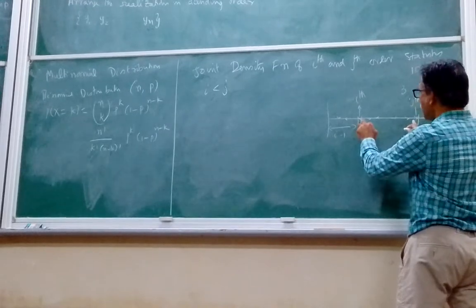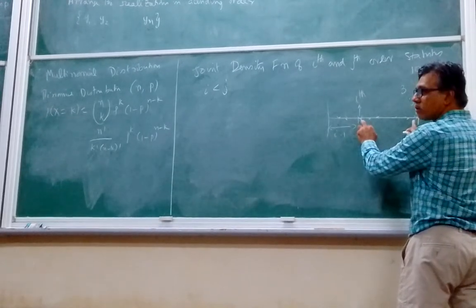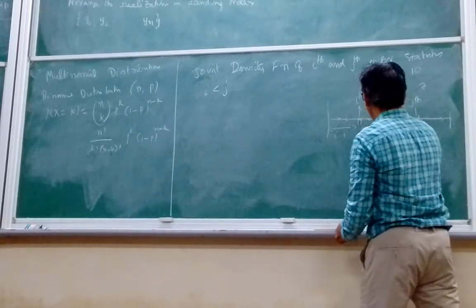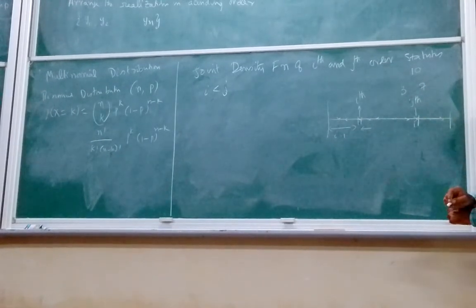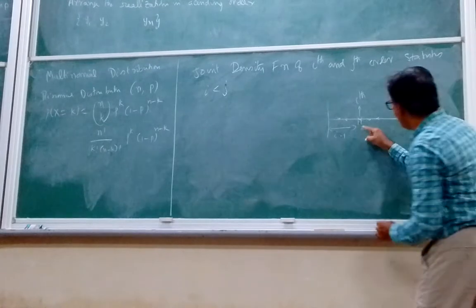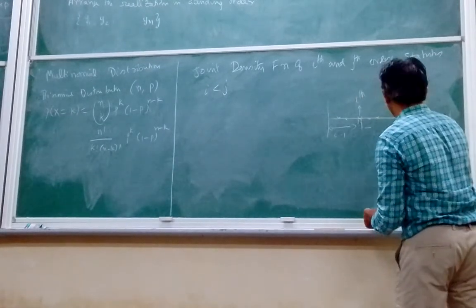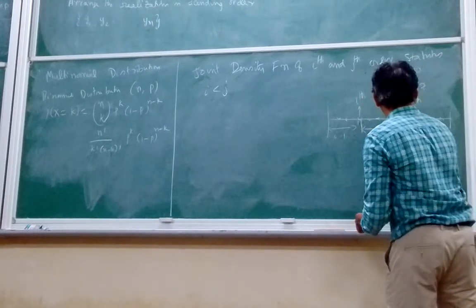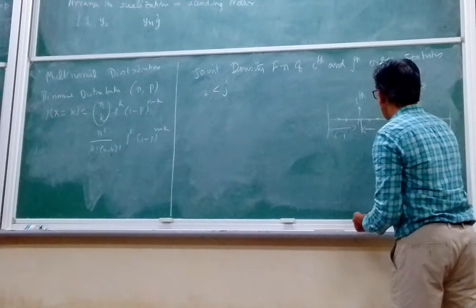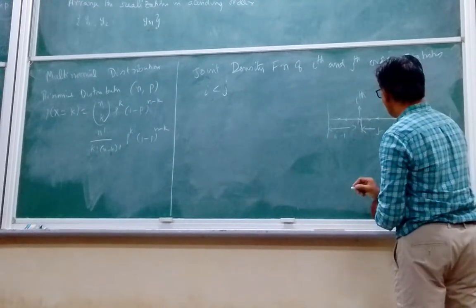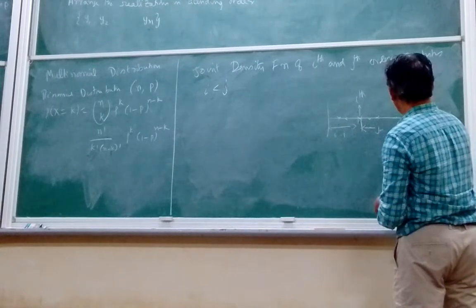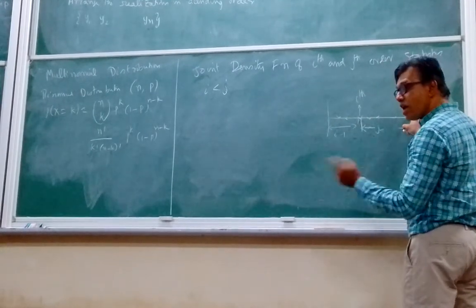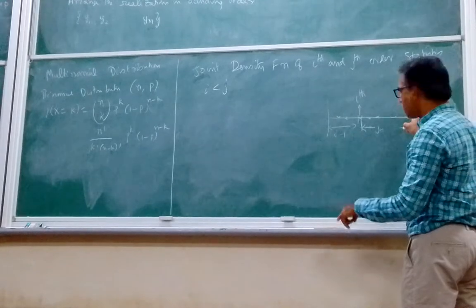But I want this interval. How many will be in this interval? Here it has to be j minus 1 minus 1, j minus i minus 1.